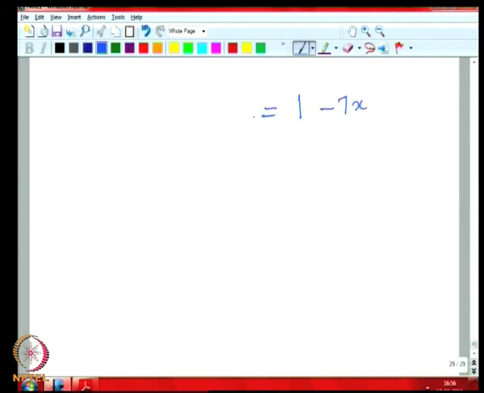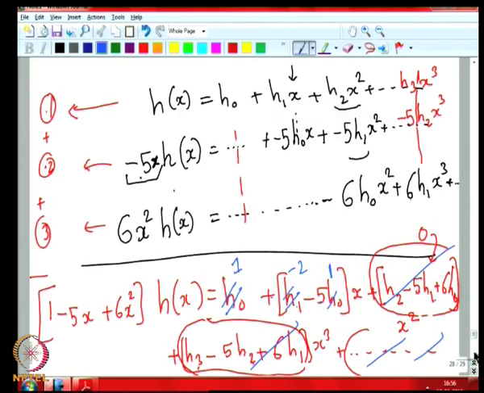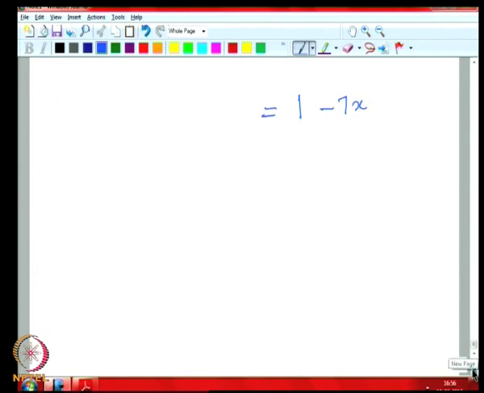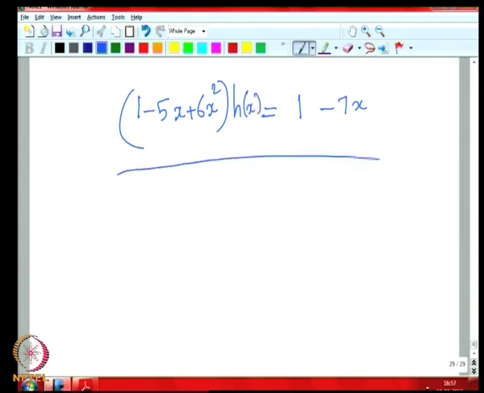This is equal to 1 minus 5x plus 6x square into h of x. This is what we got. Yeah, 1 minus 5x plus 6x square into h of x equal to 1 minus 3x.